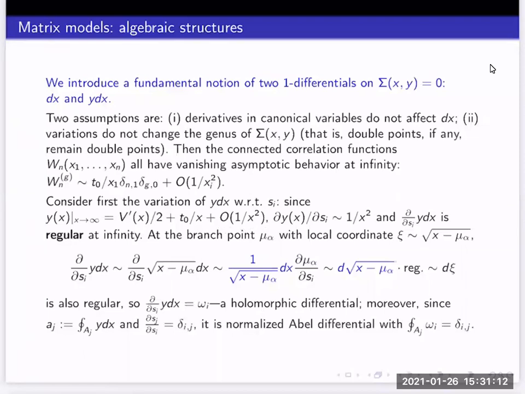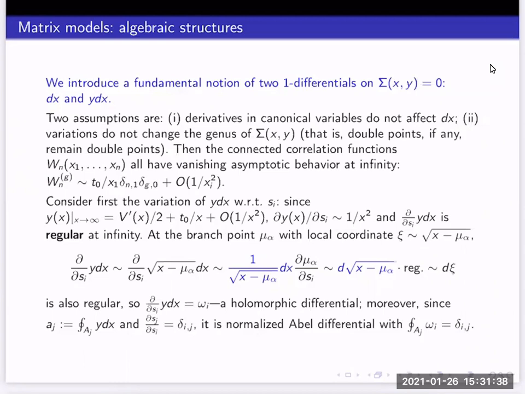Taken with a differential, it is proportional to d(1/x), which is actually the differential of the local variable at infinity. So this derivative has no singularities at infinity.